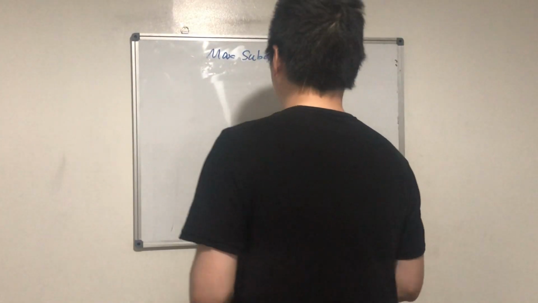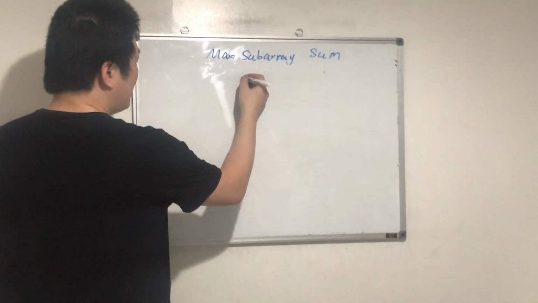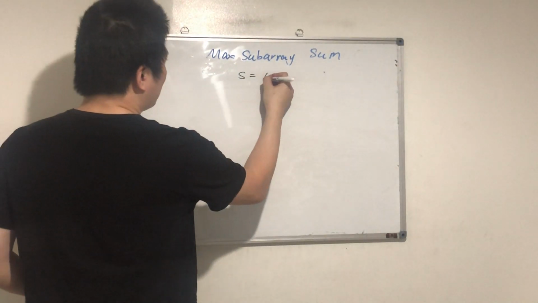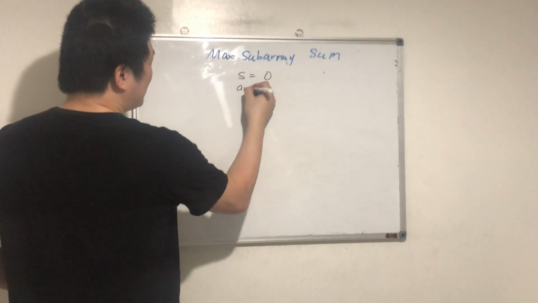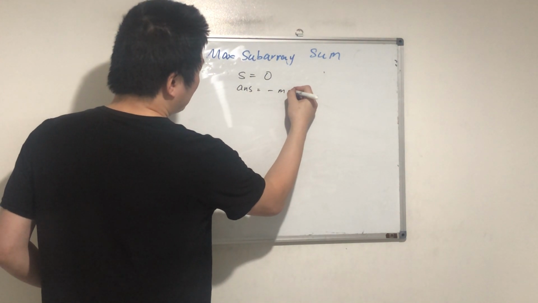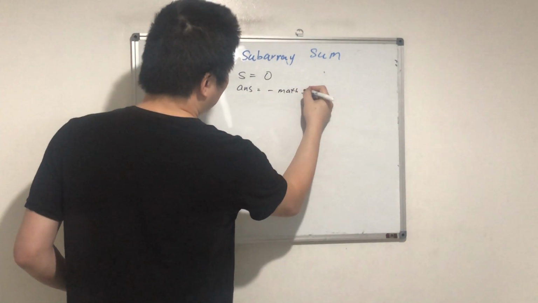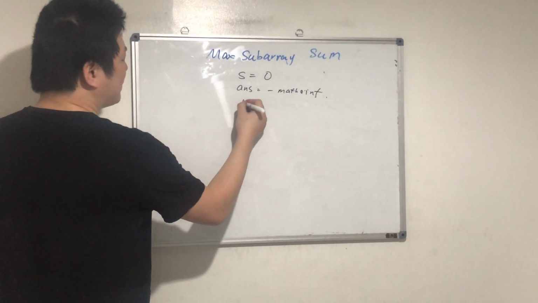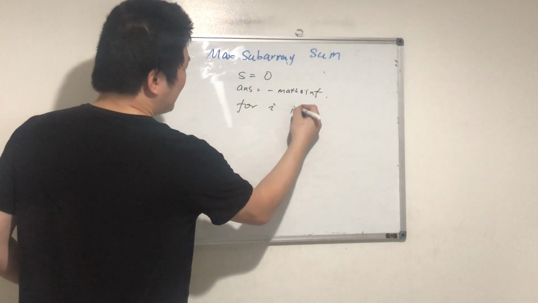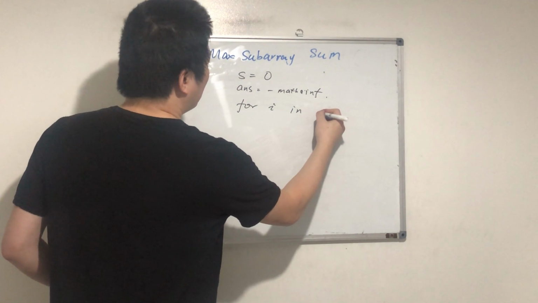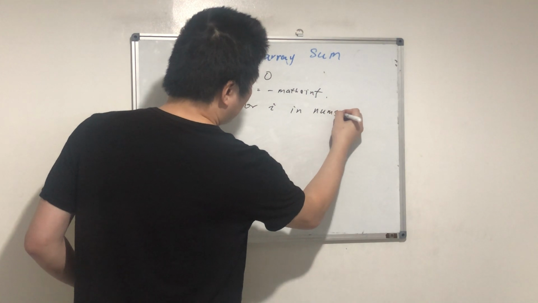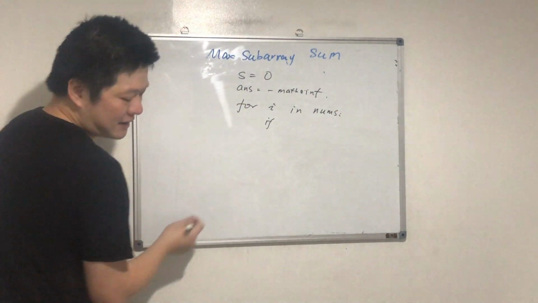Okay, let's write this. Sum equals 0. Answer equals negative math dot infinity. Then for i in nums. This is slightly different, look.